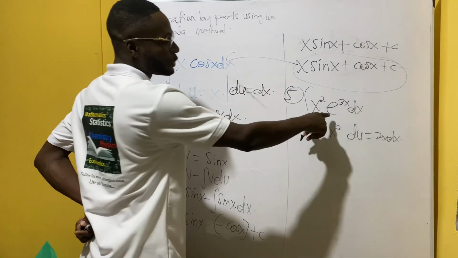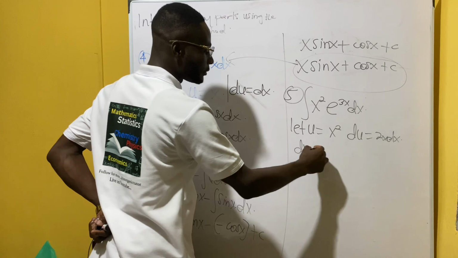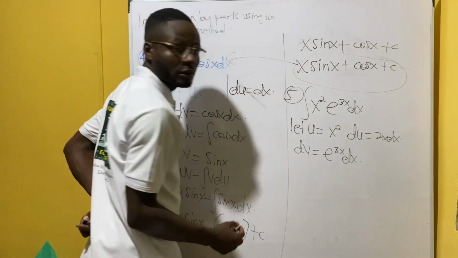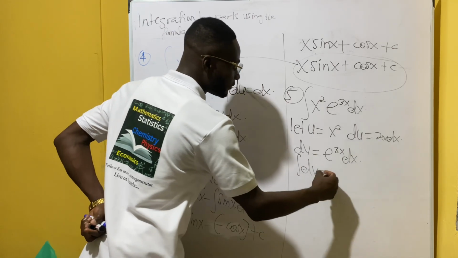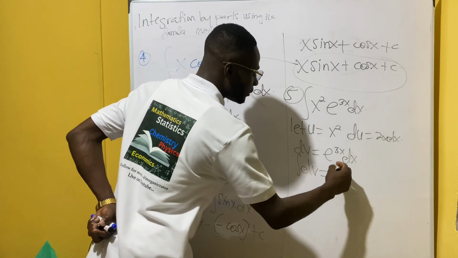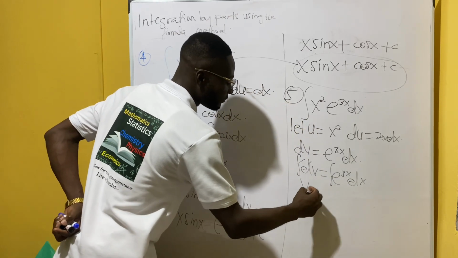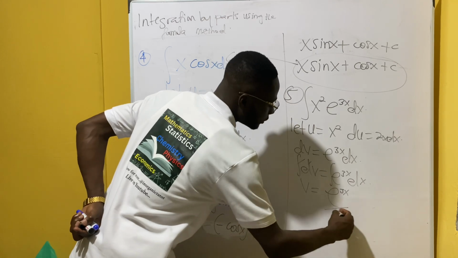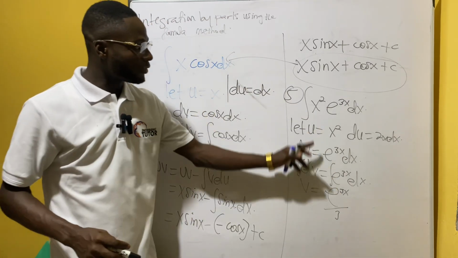So it means that e power 3x dx will be the dv. Now we integrate both sides, and we have v equals e power 3x all on 3. So now we have all the parameters.